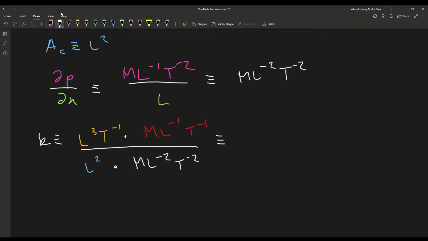So let's make some simplifications. This L^2, we know that L^-2 and L^2 will cancel each other out. T^-1 and T^-1 cancel each other out over here. And so we're left with L^3 times L^-1 over, so these M's cancel out as well.